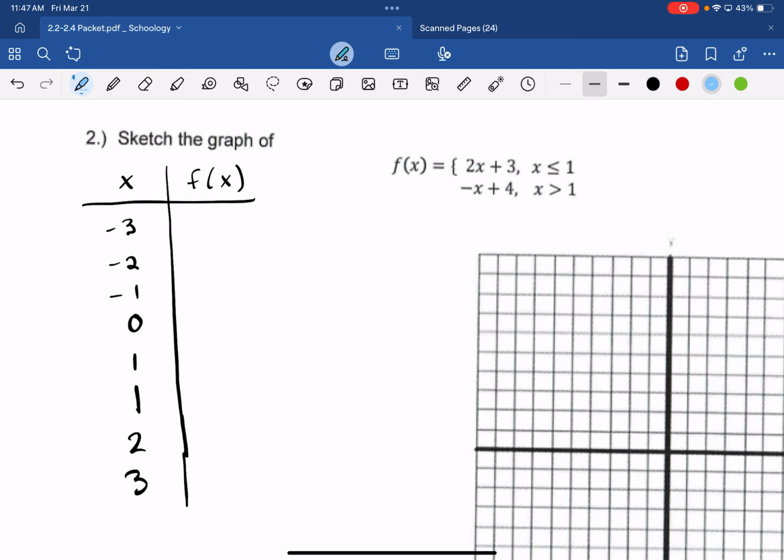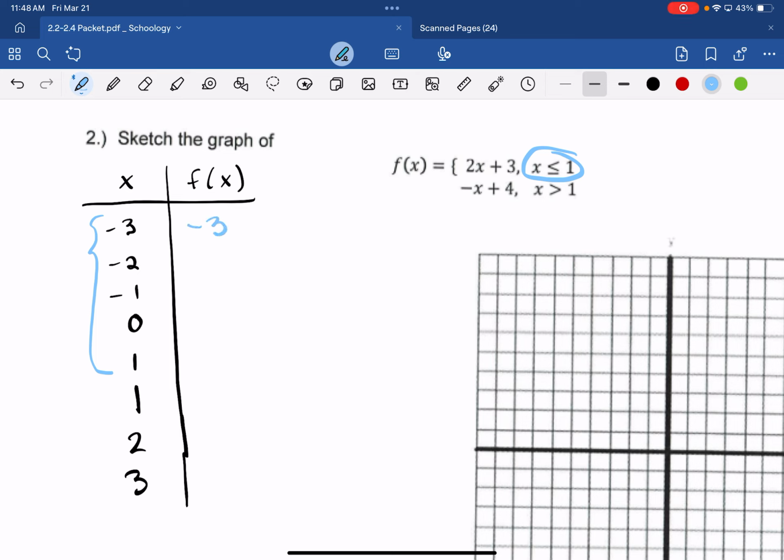Let's find our values up here. So for -3 all the way up until 1, which equation am I using, the top or the bottom? The top one, because x is less than 1. So if I were to plug these in, -3 times 2 gives me -6 plus 3 gives me -3.